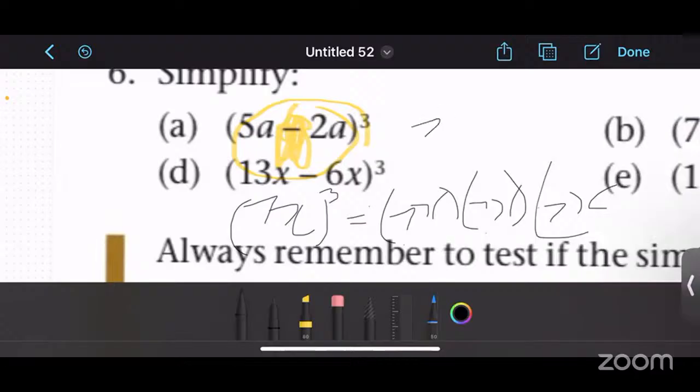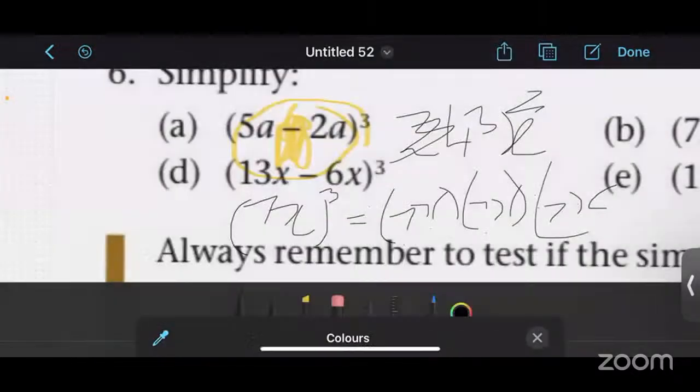I think it's 243. And then x times x is going to be x to the power of 3. And then our answer is going to be 343x to the power of 3. Are we happy?